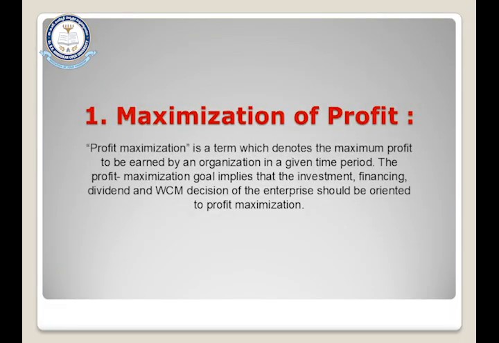Profit maximization is a term which denotes how much maximum profit the firm can earn in a given period of time. So the profit maximization goal implies that all the decisions, that is the investment decision, financing decision, dividend decision and working capital management decision of the organization should be oriented towards the attainment of maximum profits.